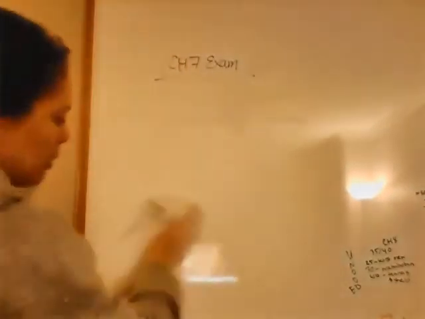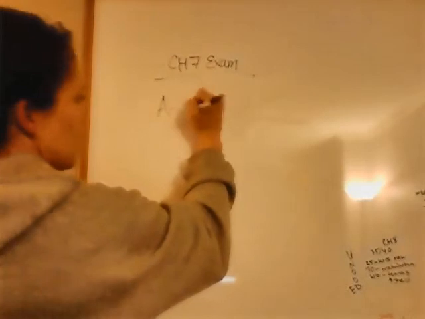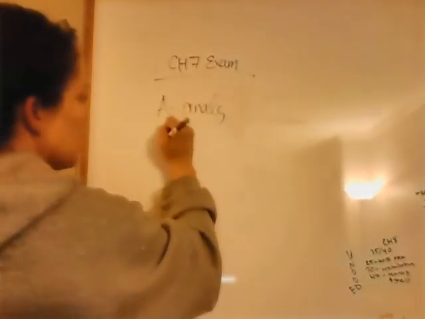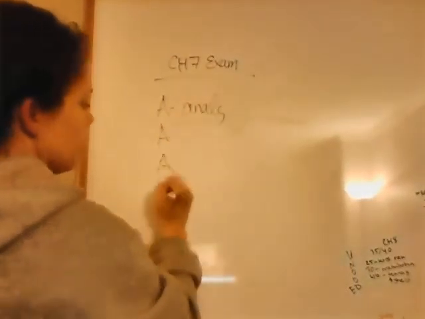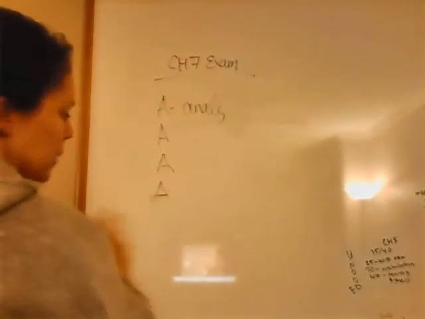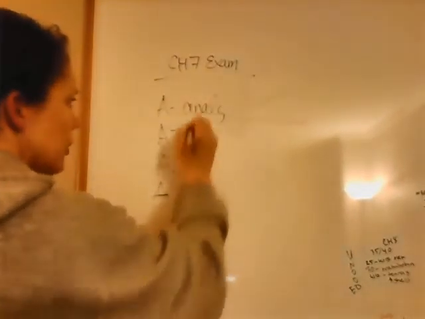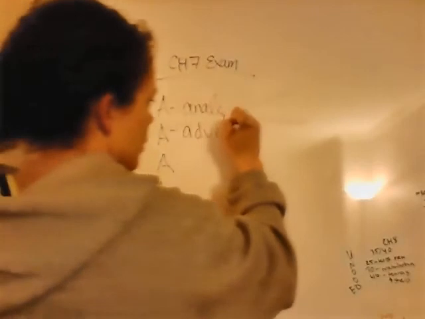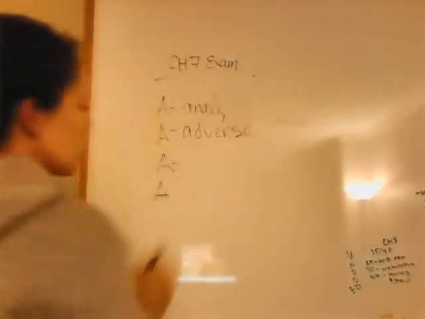The 4 A's for pain. That is our little way of remembering how to assess for pain. So we have analgesic, or your pain medicine. We have adverse effects. What's pain causing?